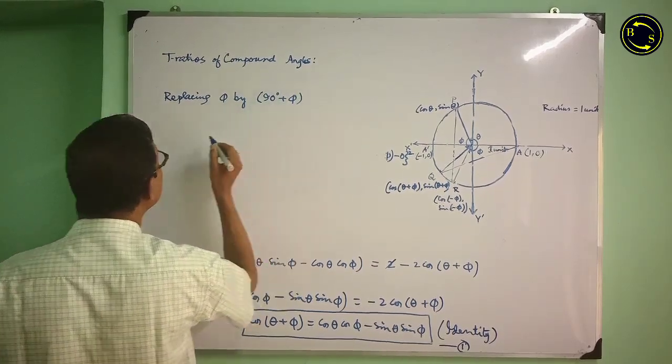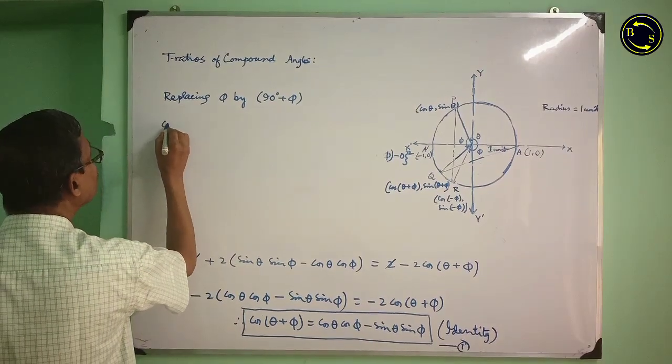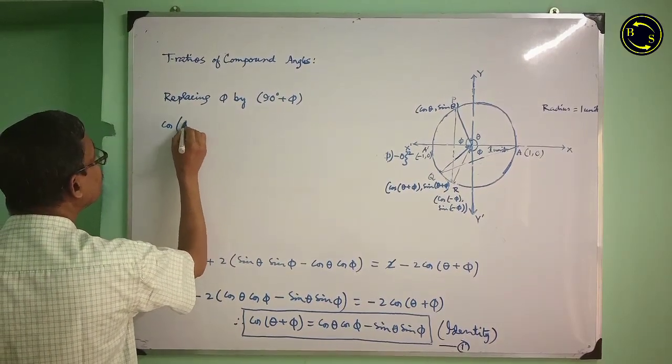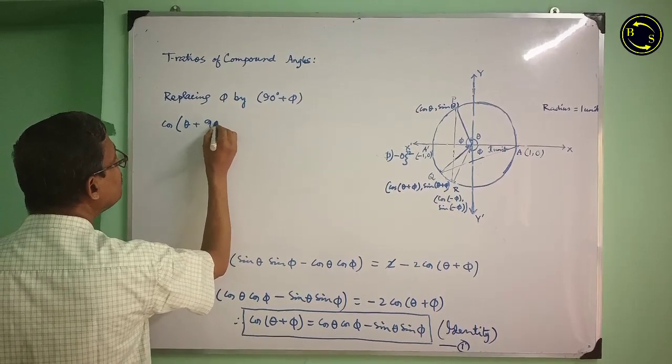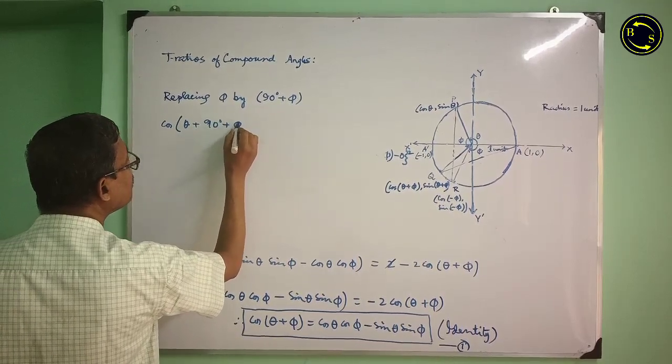What we get? Cos of theta plus 90 degree plus phi.